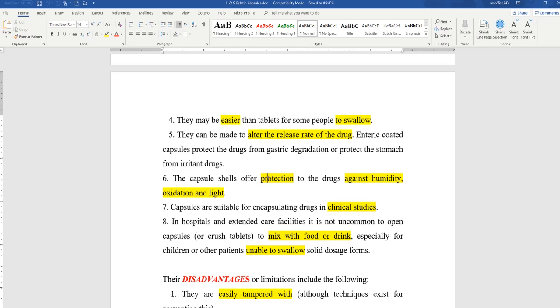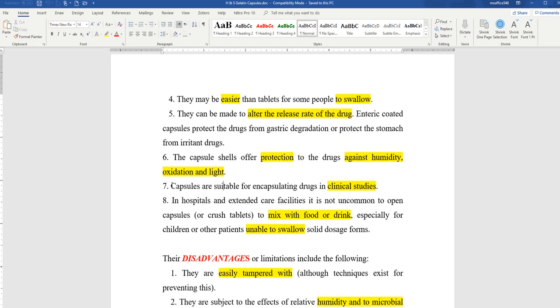So this protection is not complete, because the shell is very sensitive to atmospheric conditions, which include heat and humidity. And even with oxidation, there is no full protection, because air can still get slowly inside the capsules. So the protection here is not complete, okay?